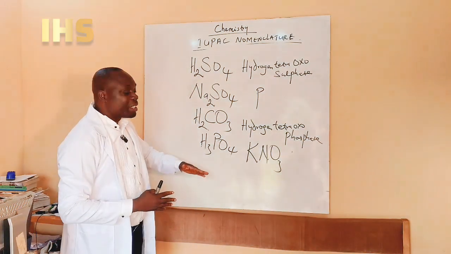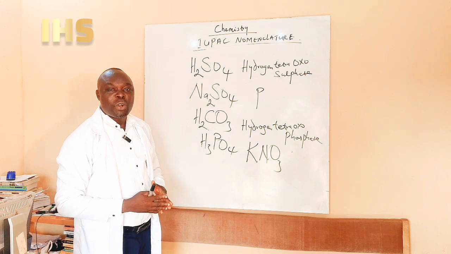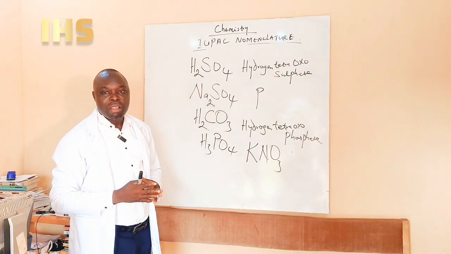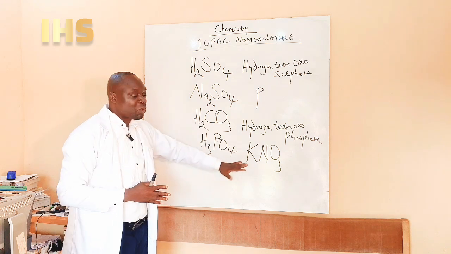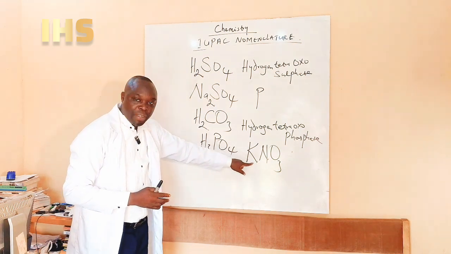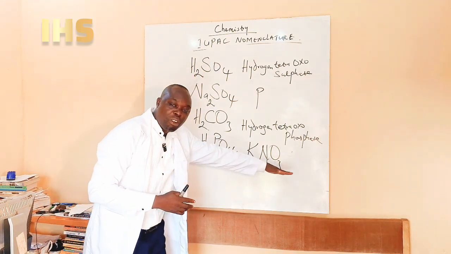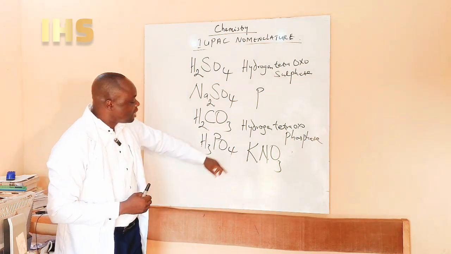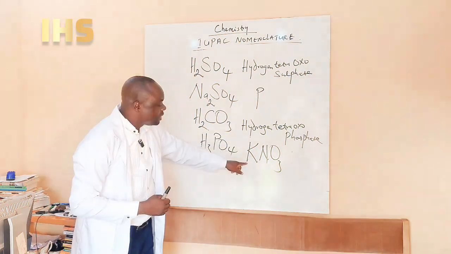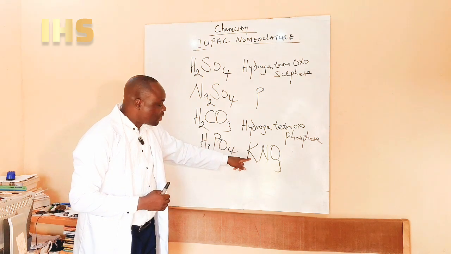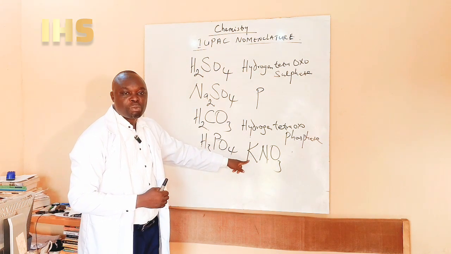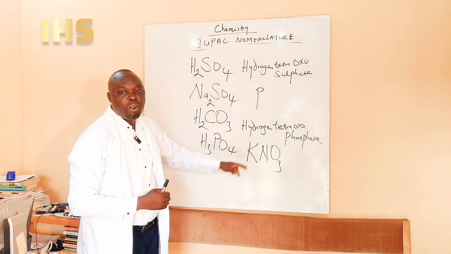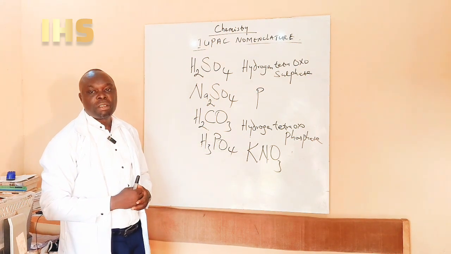My own is to tell you the way so that you now go and expand the horizon to know more. You have understood that if you are to name this, you start from this one first, then you go here and come back. That's how it is. This K is coming from Kalium, the Latin name for potassium.